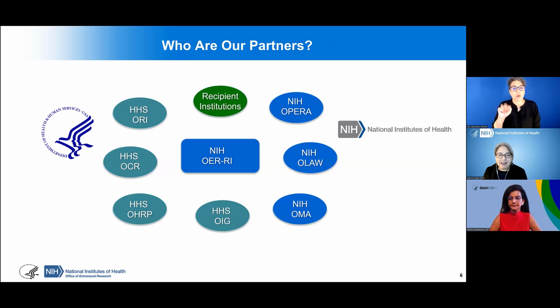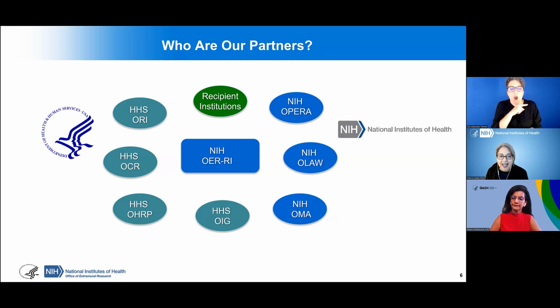I also wanted to let you know who our partners are. As Elise said, I'm in the NIH Office of Research Integrity. In blue, these are all the offices at the NIH. We work with NIH OPRA, our grants compliance office, NIH OLA for animal research, and NIH OMA for any type of grant fraud issues.